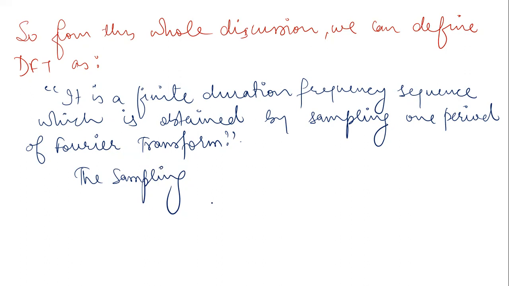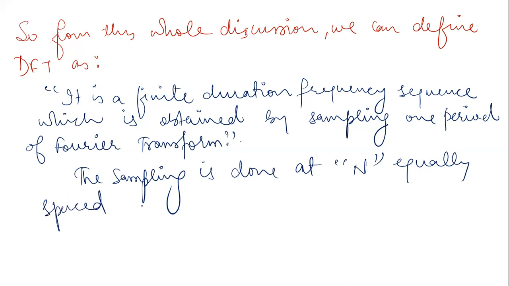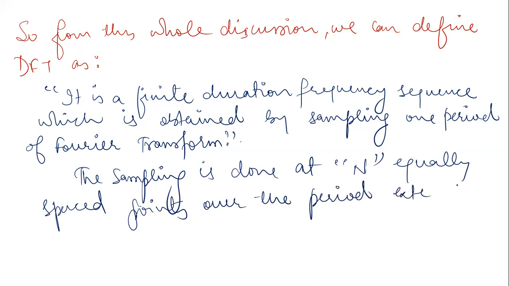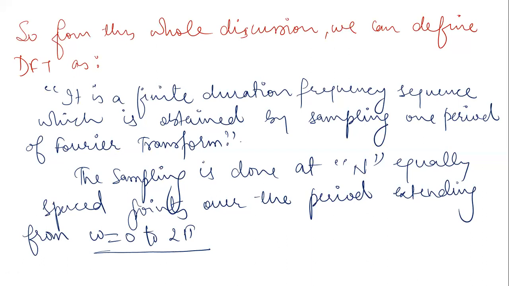This sampling is done at N equally spaced points over the period which extends from omega equal to 0 to 2 pi, right? Now let us come to the mathematical expression of DFT.